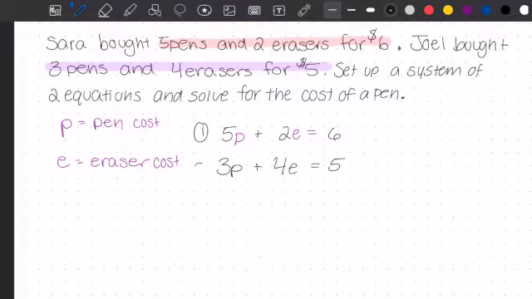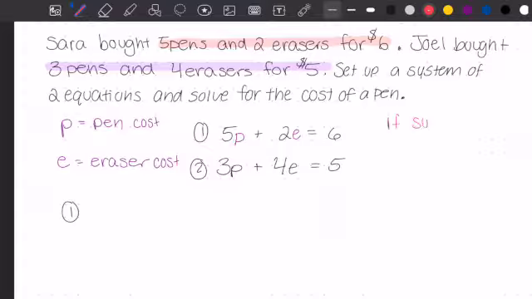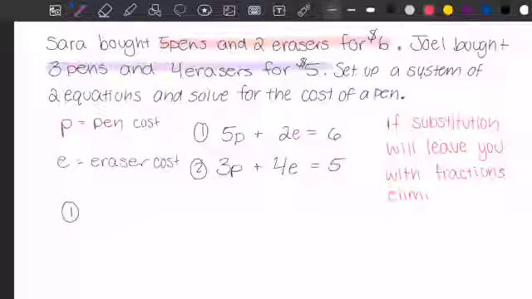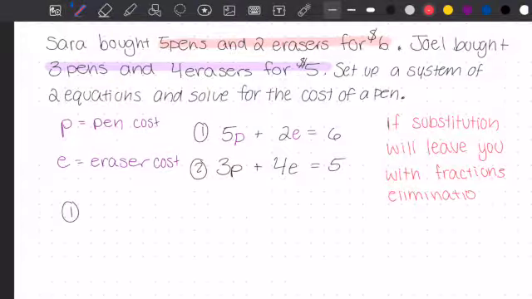So if this is equation 1 and this is equation 2 here, what I'm going to do is set both of them equal to 0. So I'm going to write a little note here: if substitution will leave you with fractions, elimination may be easier.